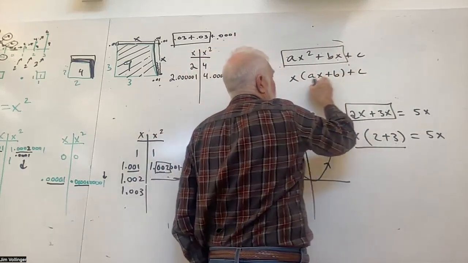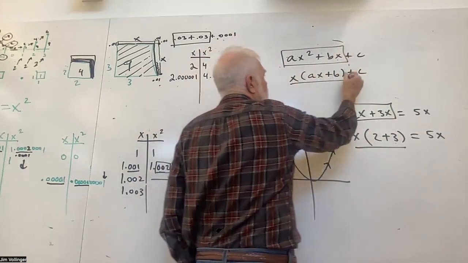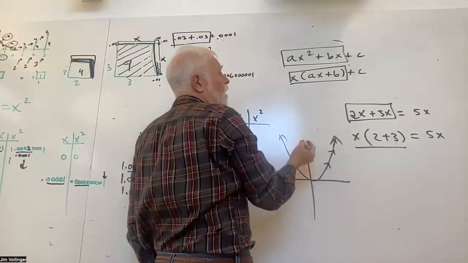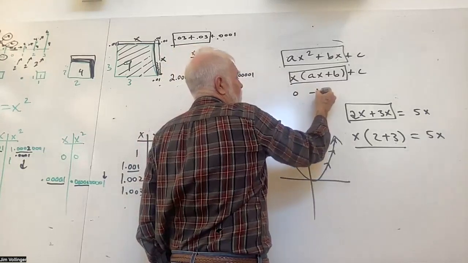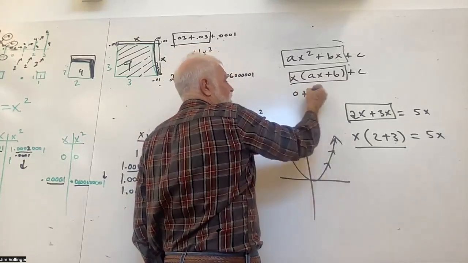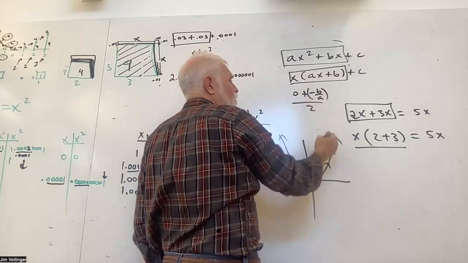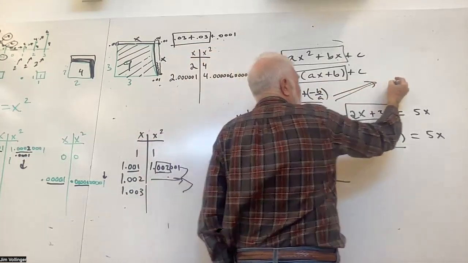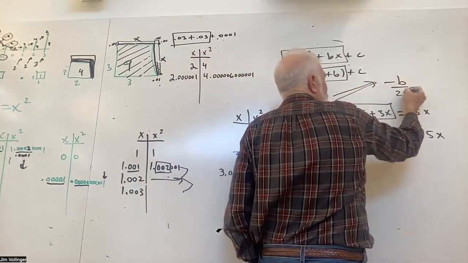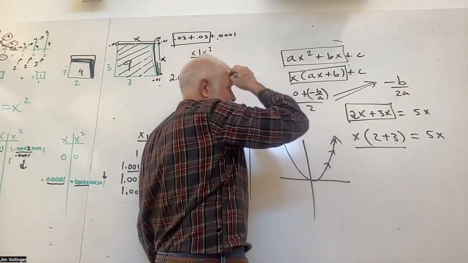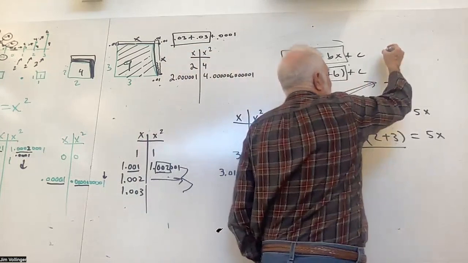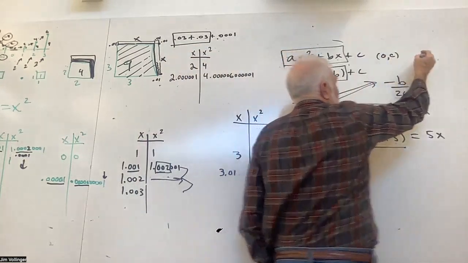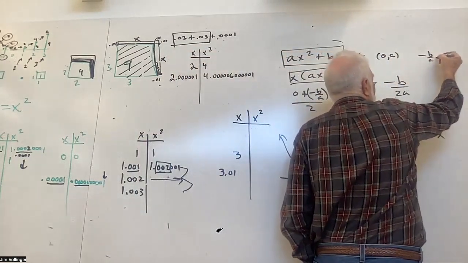If I want this product to equal 0, I get two numbers: 0 and minus b over a. If I add those up and divide by 2, I get a very important term, minus b over 2a. In this instance, 0 gets me c, and minus b over a gets me c.